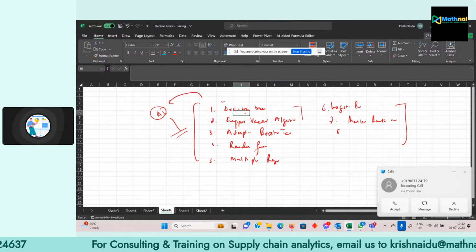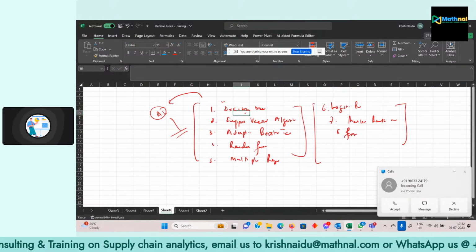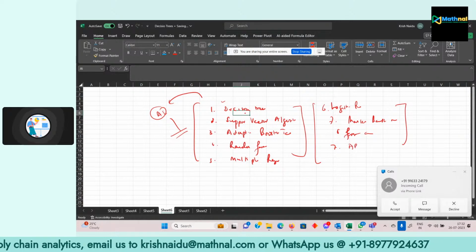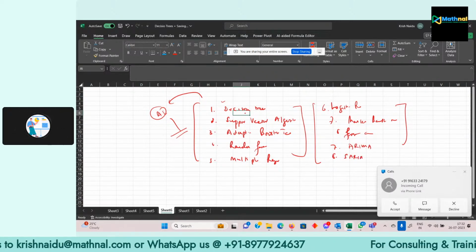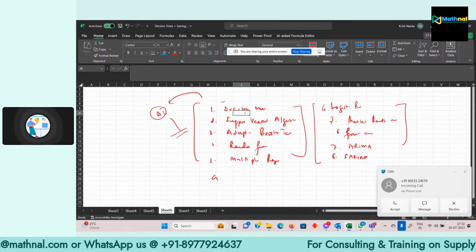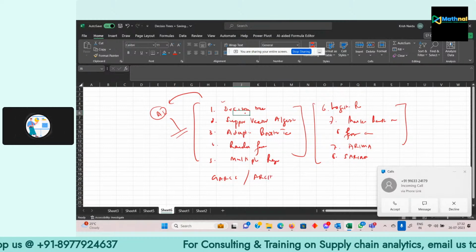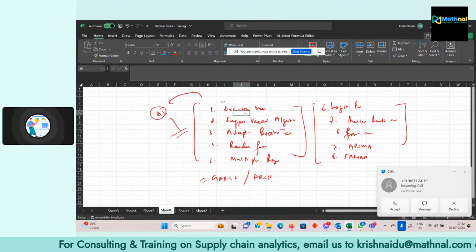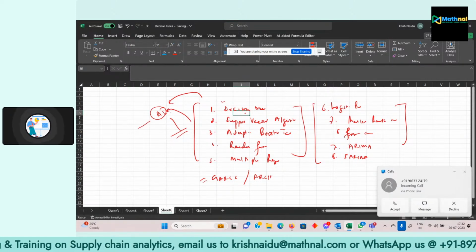So we are learning these algorithms in the program, like forest analysis. Then we're doing ARIMA, SARIMA, GARCH, ARCH. The various modules are there. If we learn all these modules, then we can think about AI.